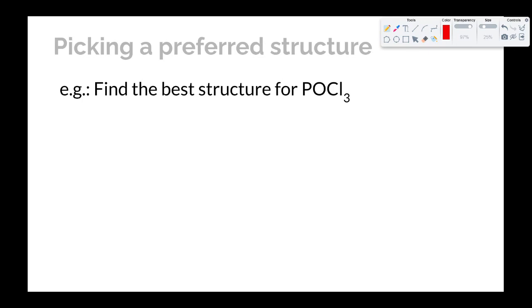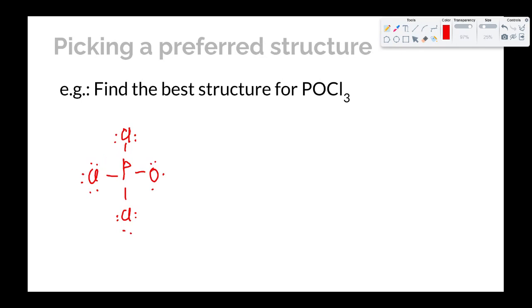So thinking about possible skeletons, one would be put the central phosphorus in the middle and attach everything to it. And then let's fill octets. And phosphorus already has a full octet.